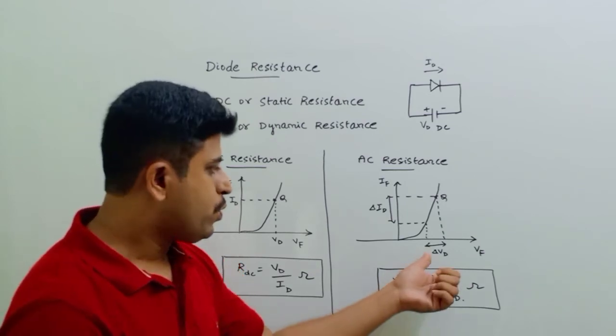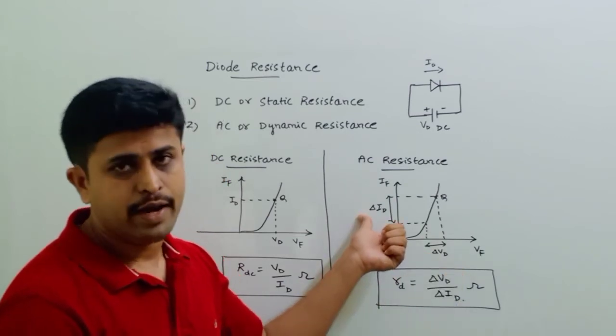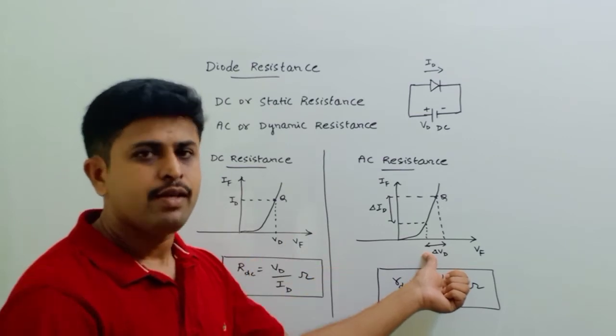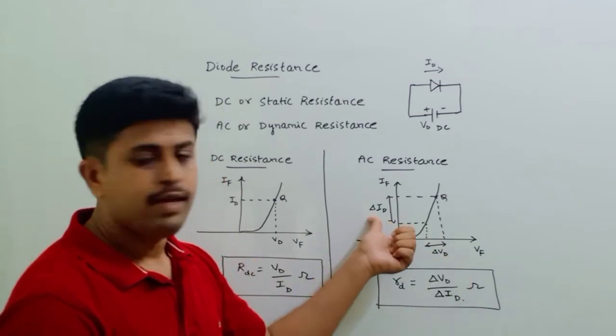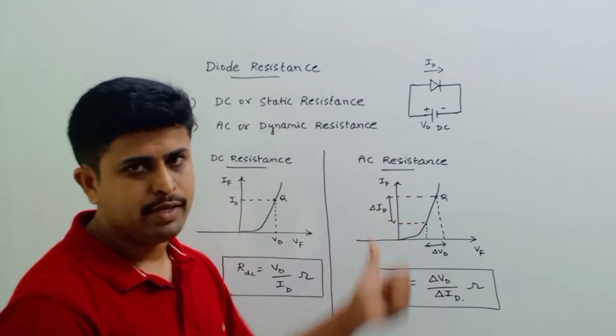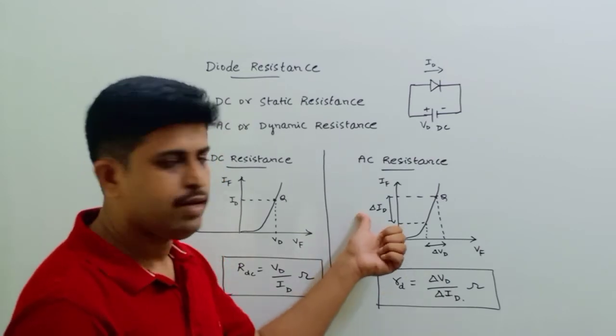So you can see here, it is delta VD and delta ID. Because the voltage changes from minimum to max, similarly ID, that is the current, also changes from minimum to max. That means whenever there is a change in voltage, there is a change in current.